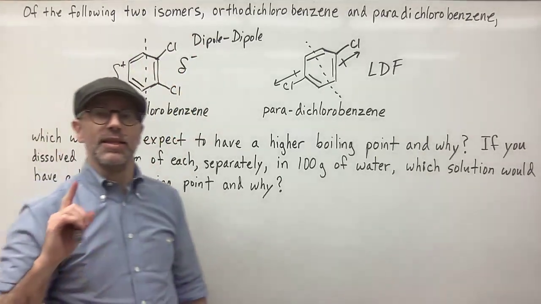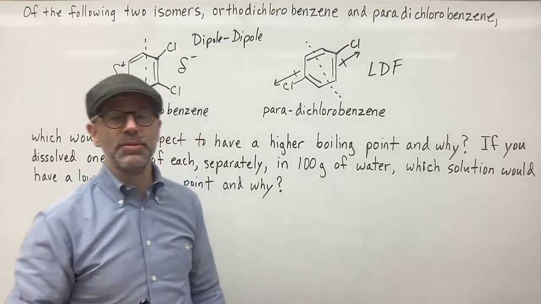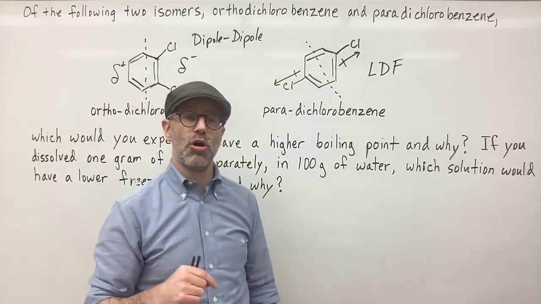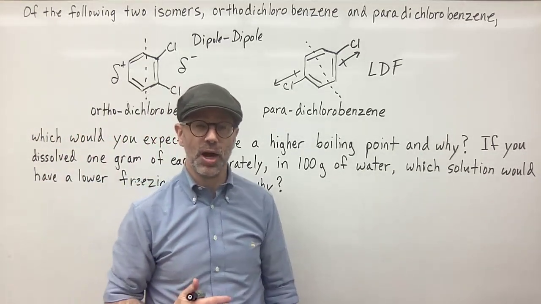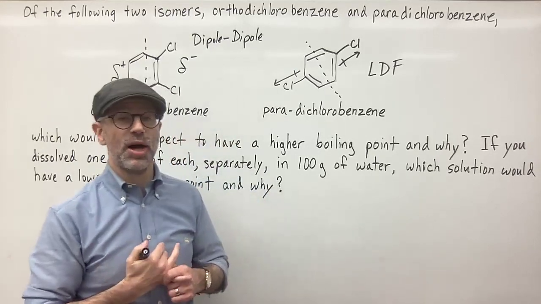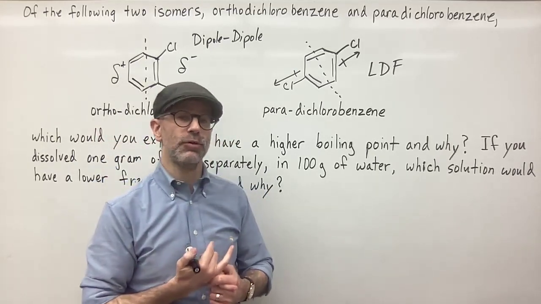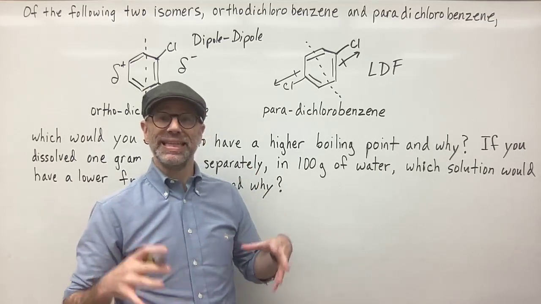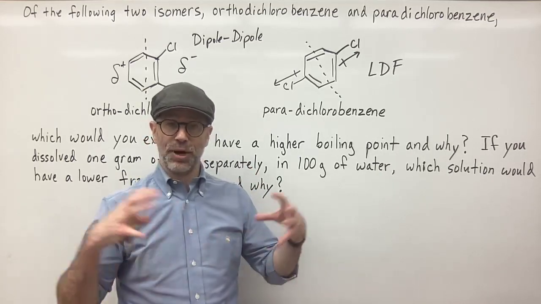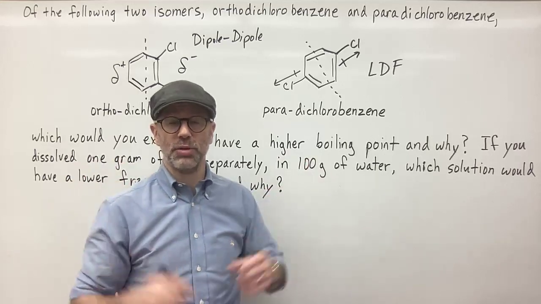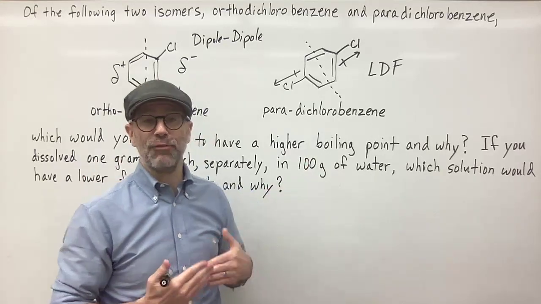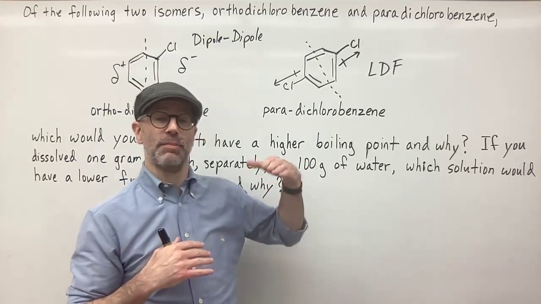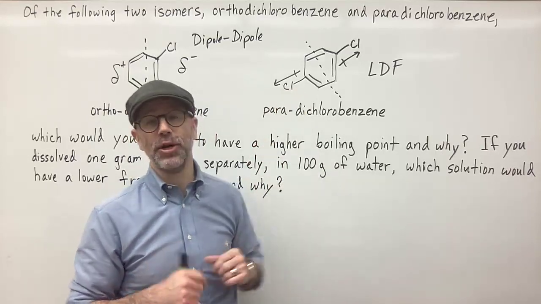So since the boiling point of a substance depends on how strong those intermolecular forces are, and we just talked about that, the stronger the intermolecular force, the more energy you need to put into it to get those molecules to separate from each other to overcome those intermolecular forces. And therefore, you're going to need to raise the temperature to a higher degree.